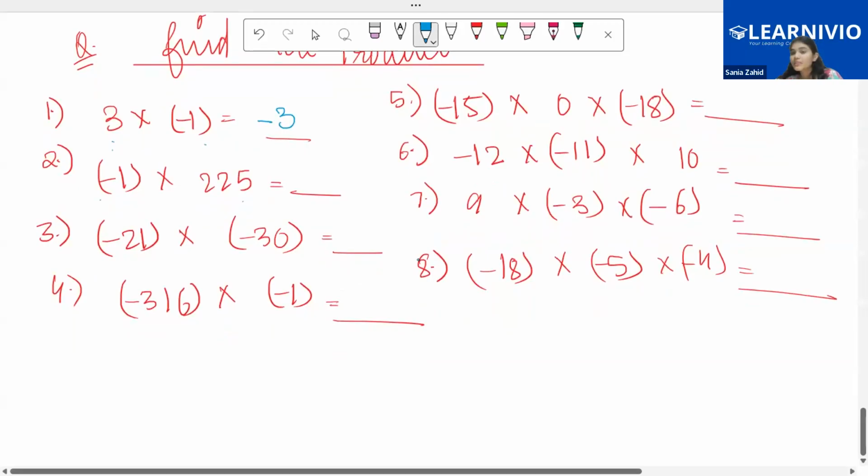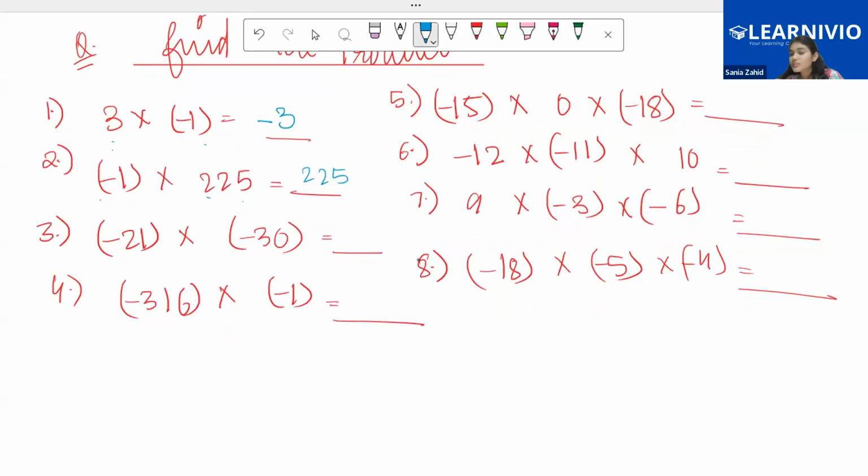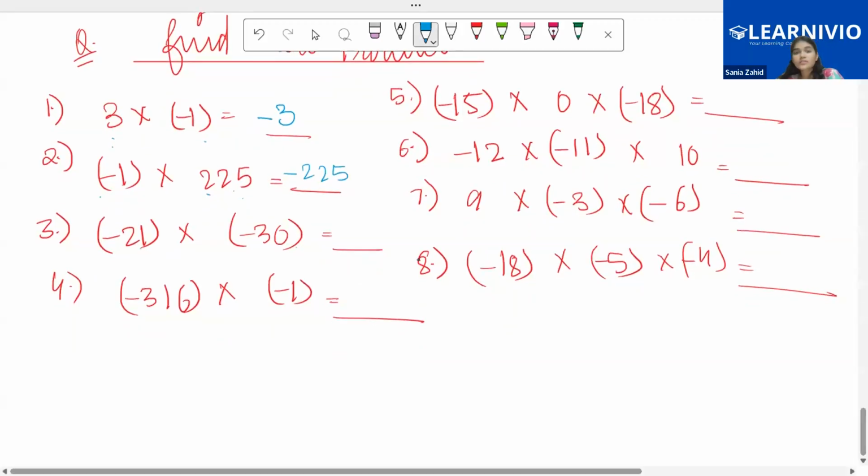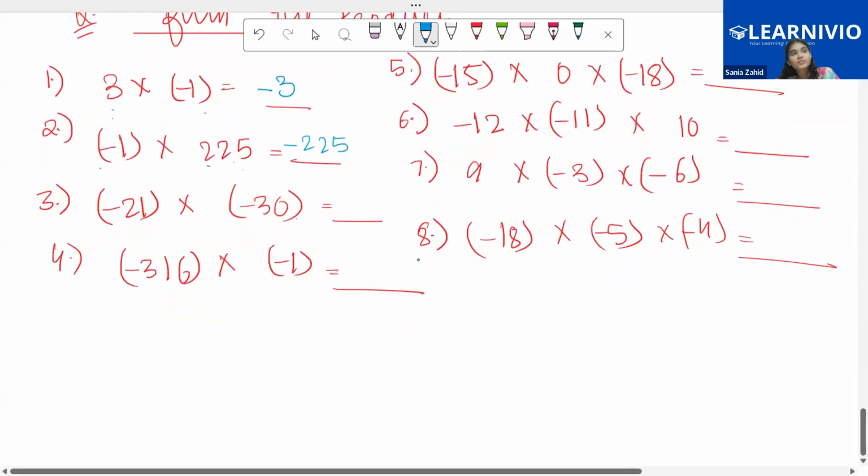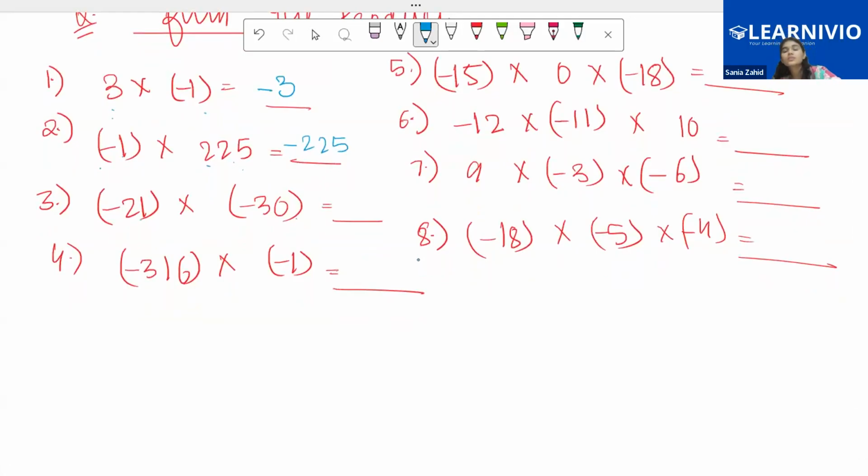Minus 1 into 225. So 1 into 225 is 225. And opposite signs. So negative sign. Okay. 21 into 30 is 630. Negative? Why negative?